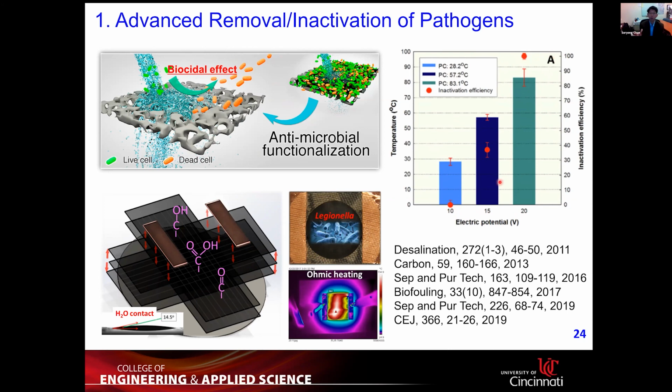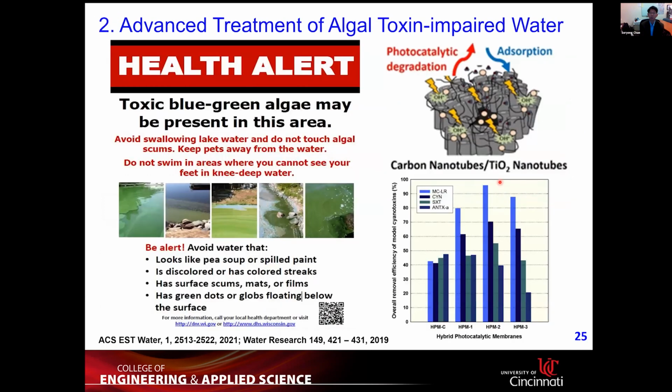When you think about the quality of water, you're concerned about contamination by microorganisms. So this membrane guarantees separation and also simultaneous inactivation of microorganisms on the surface. Also, in the United States, cyanotoxins from blue-green algae, like cyanobacteria, are a huge issue. Even at very low concentrations, like parts per billion, micrograms per liter, it creates a huge problem.